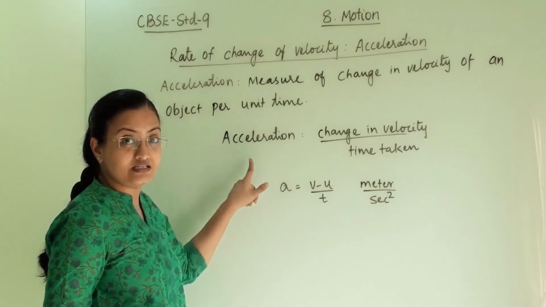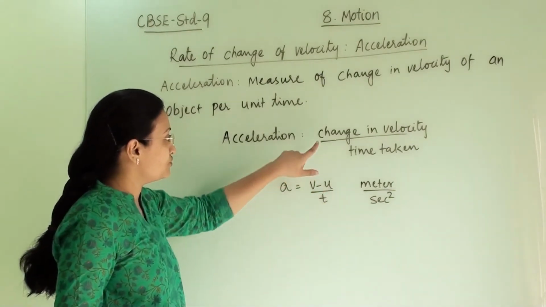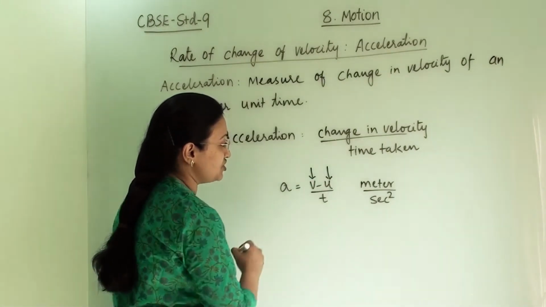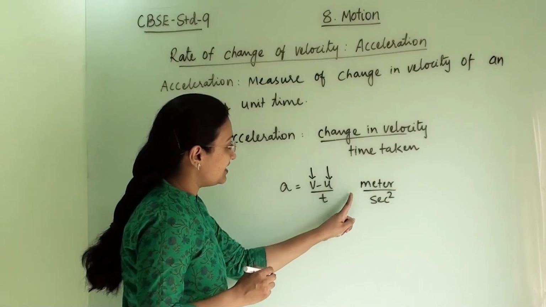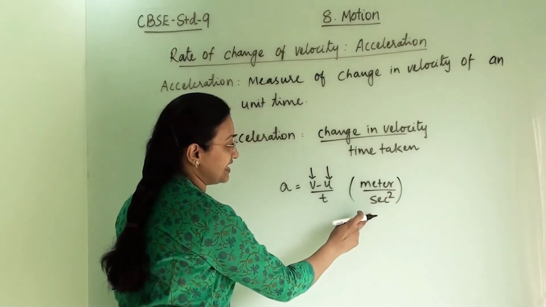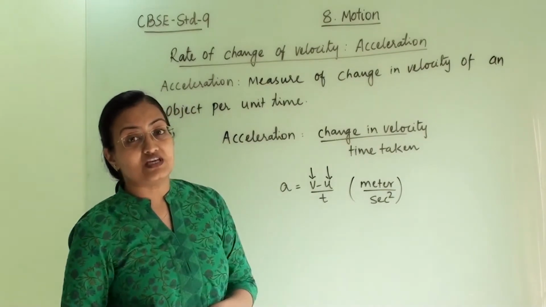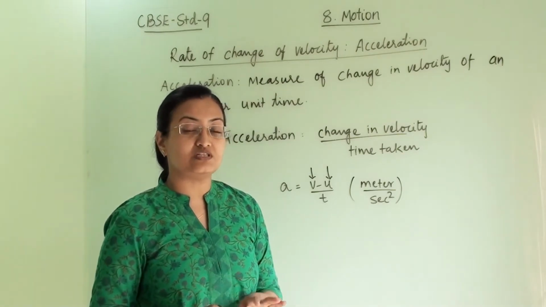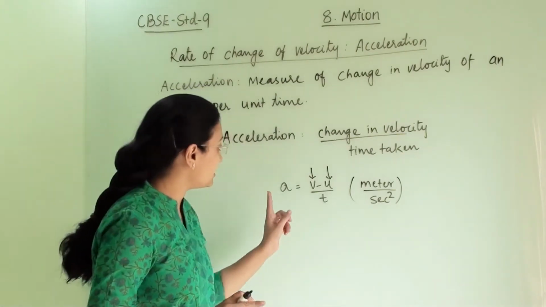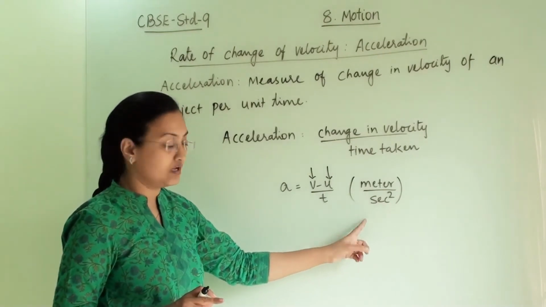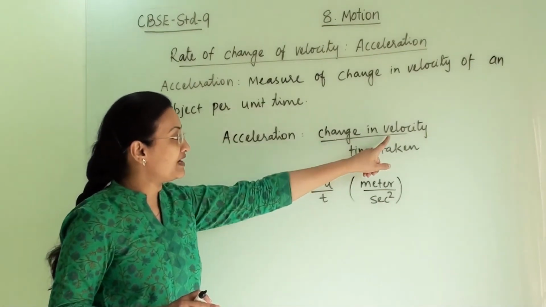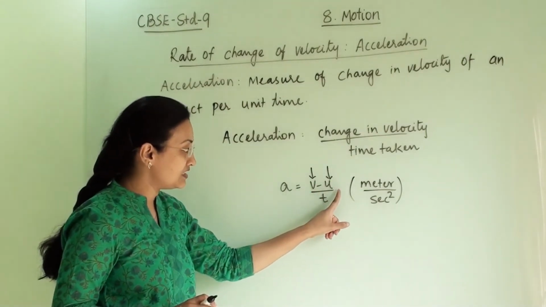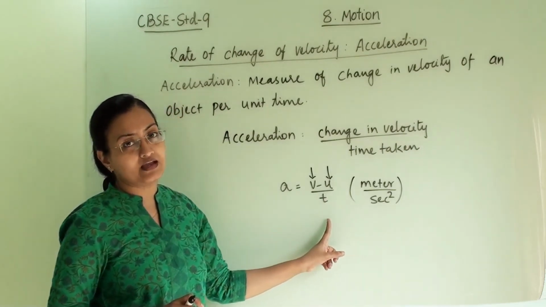So a is acceleration, (v minus u) is the change in velocity, where v is final velocity and u is initial velocity, divided by t, and the unit will be meter per second square. Till now the unit for speed, velocity and average velocity is meter per second. Here acceleration is meter per second square. And acceleration is change in velocity divided by time taken: final velocity minus initial velocity divided by time.